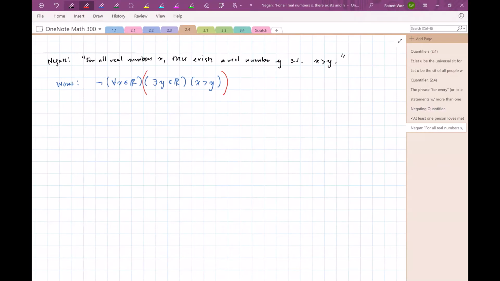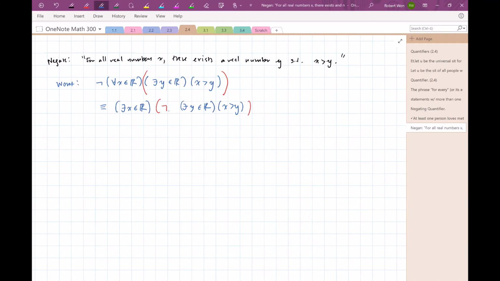So to negate this, I could write: there exists an x in R such that not there exists a y in R such that x is greater than y, because that's how you negate a universally quantified statement. But now what I have is the negation of an existentially quantified statement.